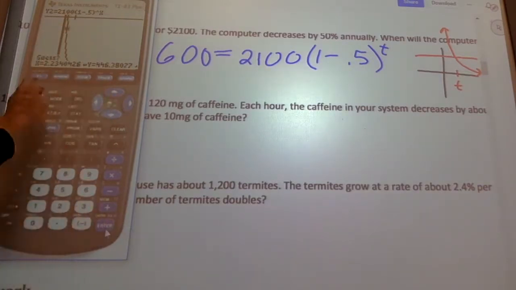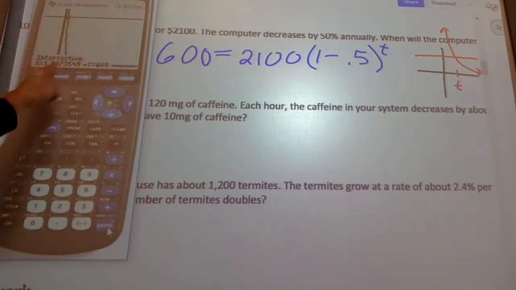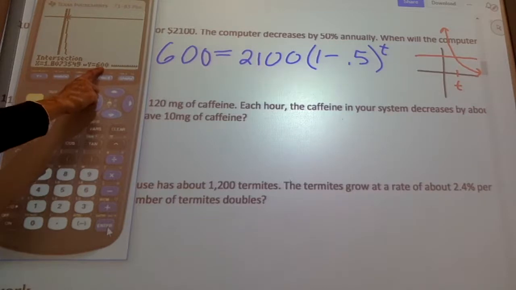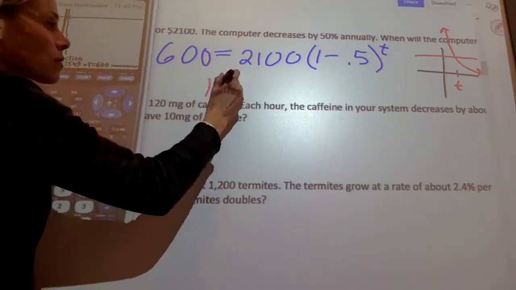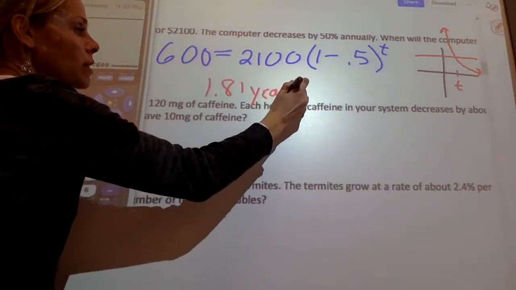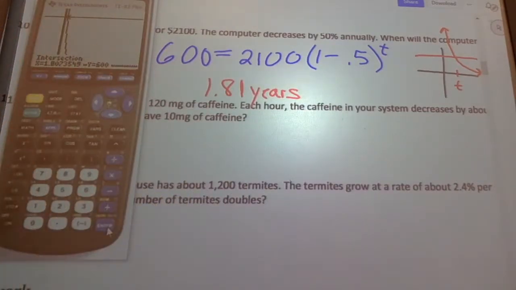Push enter, and then "guess," you'll push enter a third time, and it'll click that intersection. You see y is 600, my x is 1.81. So I could say 1.81 years, which would be in the second year. In the second year, it'll depreciate to $600.